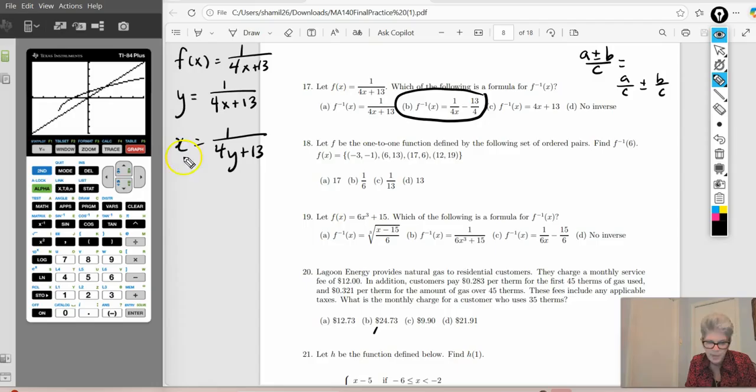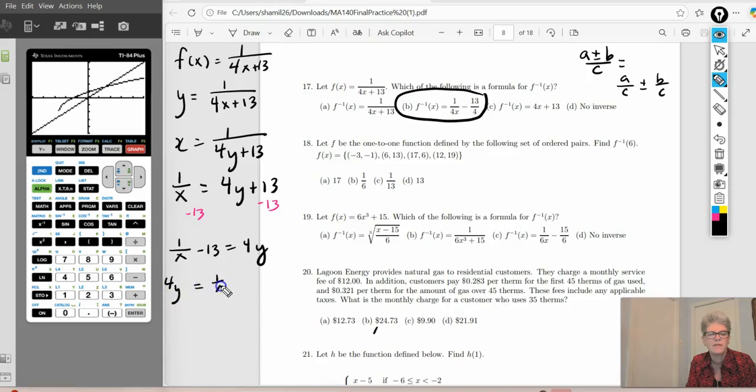So if I flip x, take its reciprocal, I get 1 over x. And if I flip that one, I get 4y plus 13. Okay. And then subtract 13 from both sides. And then I could swap sides because I do want to get y by itself on the left-hand side.